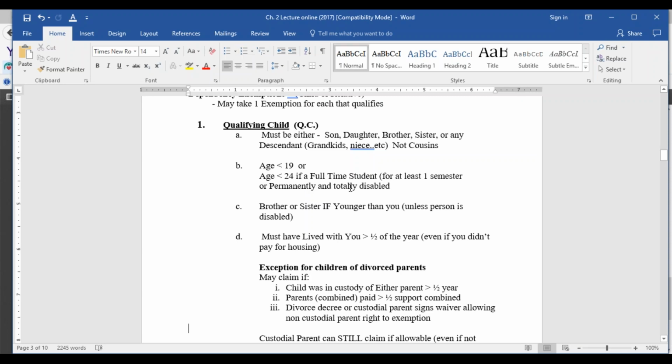Qualifying child, again, I'm kind of restating here, but it can be a brother or sister, but only if they are younger than you. The exception is if that individual is disabled. The final criteria to be considered a qualifying child is they had to have lived with you for greater than half of the year.